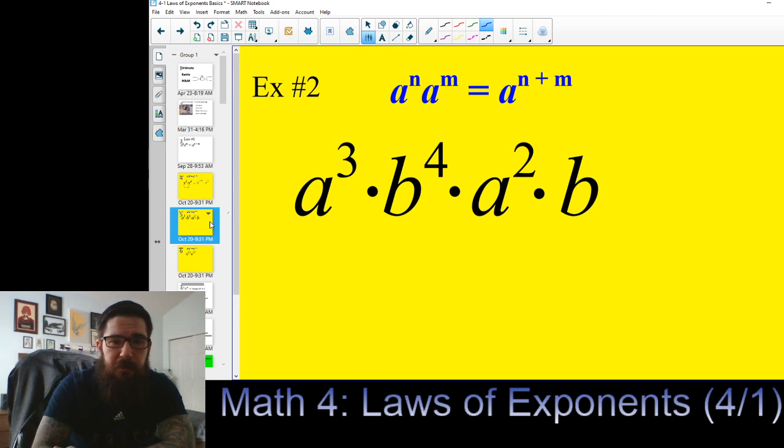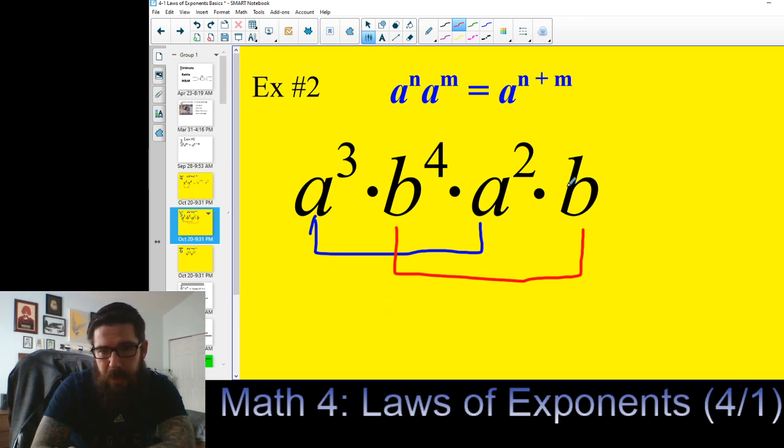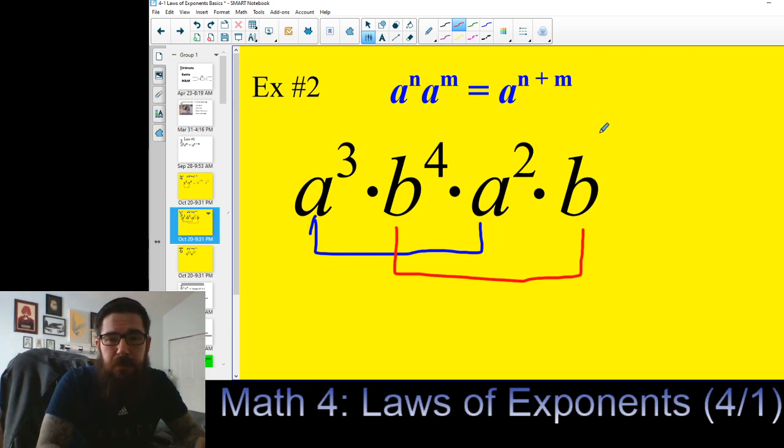If we were to now try something like this, you'll notice that I have basically 2 different bases here. I have the a's here with the blue, b's with the green. If we don't see an exponent right here, we've got to think about what's actually going to appear there. And we know that the number that we don't write in the case of exponents is a 1.